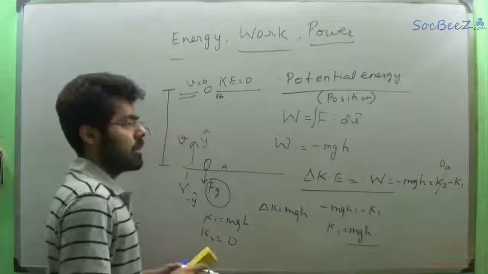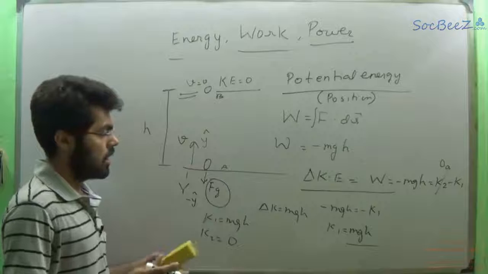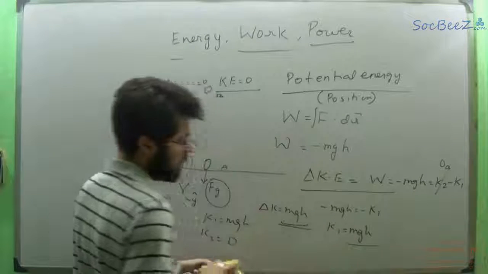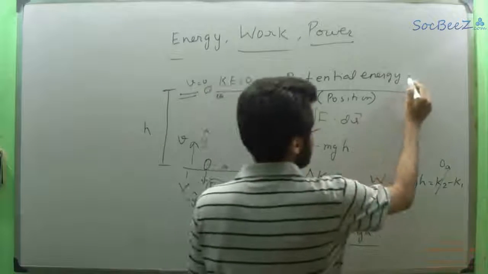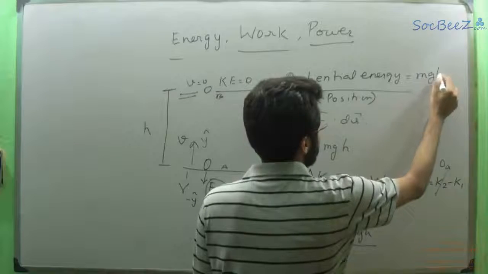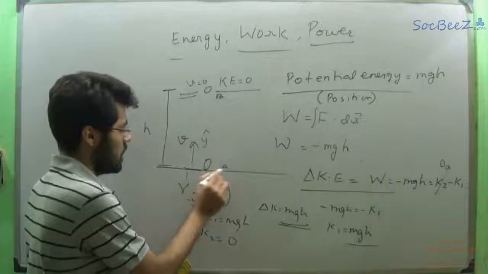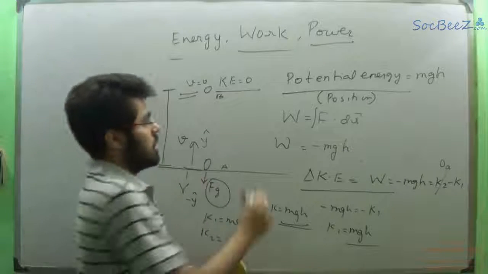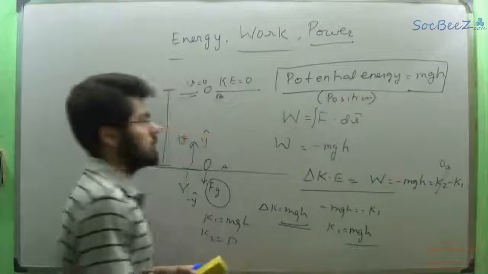And we know, by the law of conservation of energy, that energy is neither created nor destroyed. So this energy got transformed into potential energy. That is the definition of potential energy, mgh. And this h is taken from the reference level. So this is the new form of energy we are finding: potential energy equals mgh.